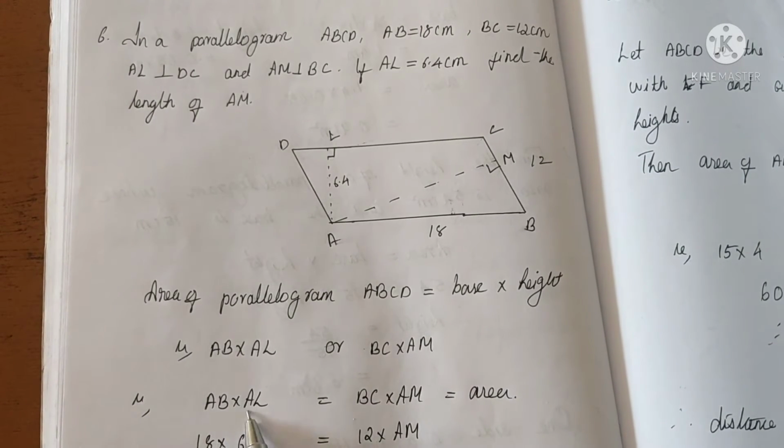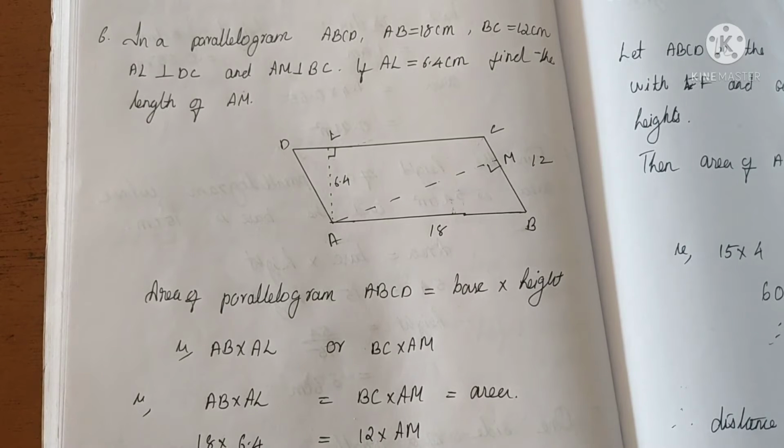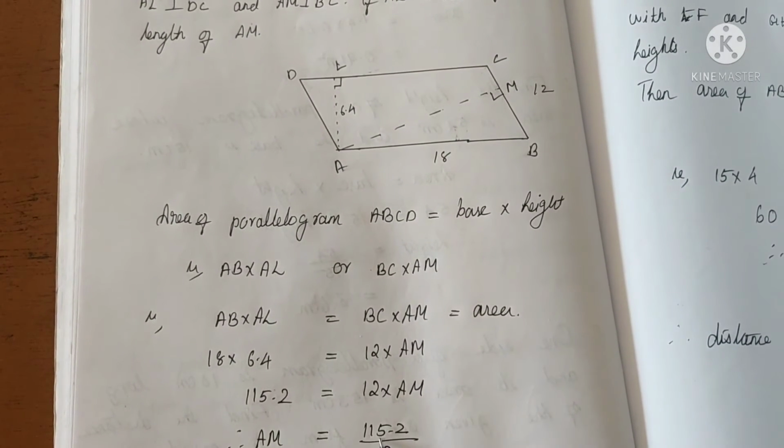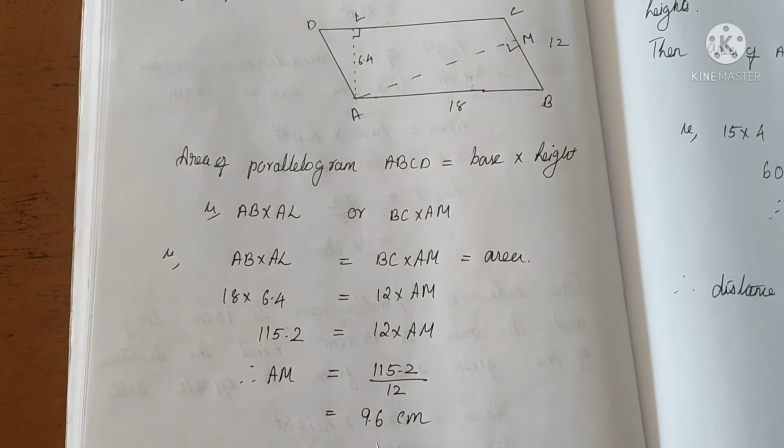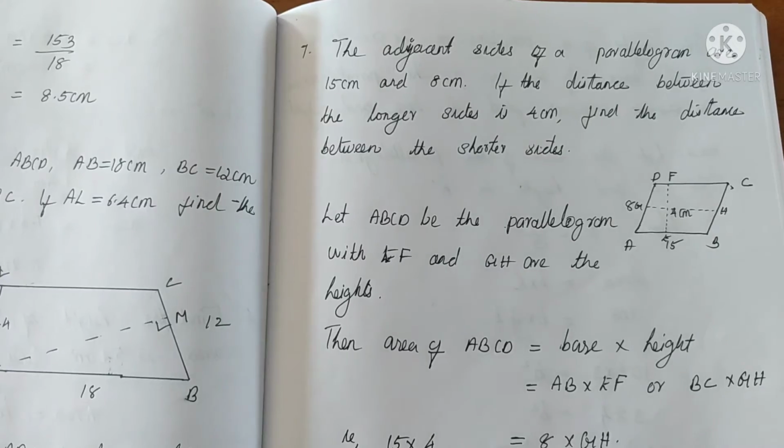That is, AB and AL are given, BC is also given. So we are equating both of them. Then AM is equal to, we multiply these two values and divide by 12. 115.2 divided by 12. So the answer becomes 9.6 centimeter.